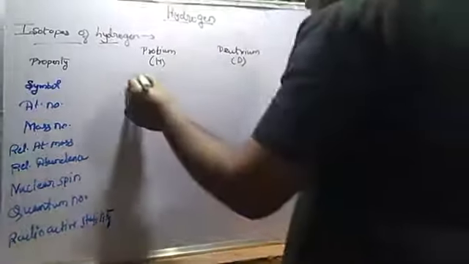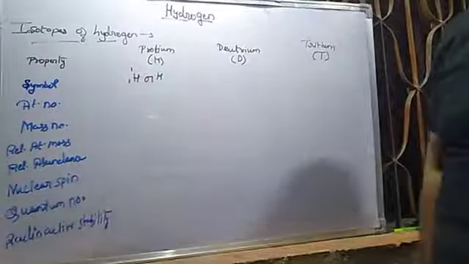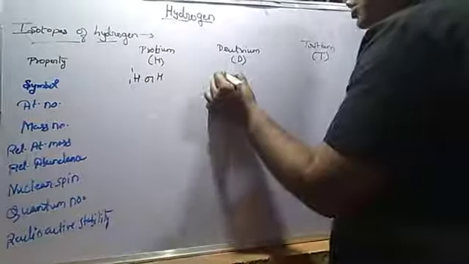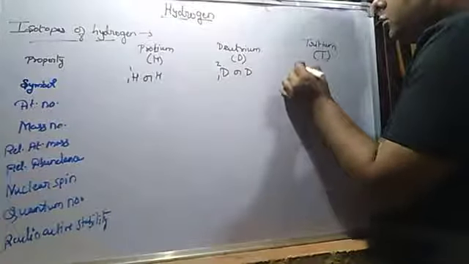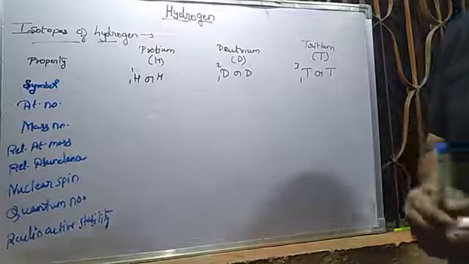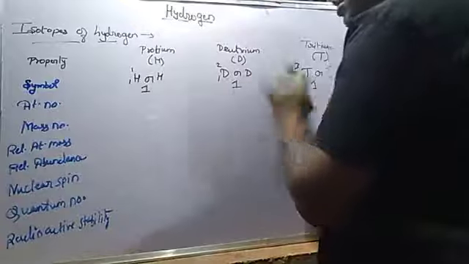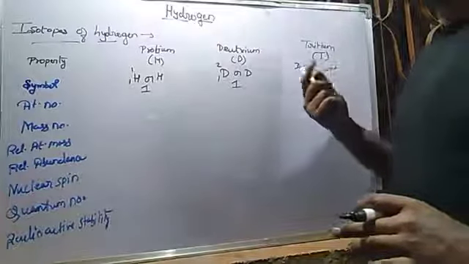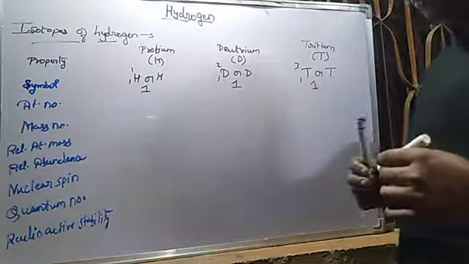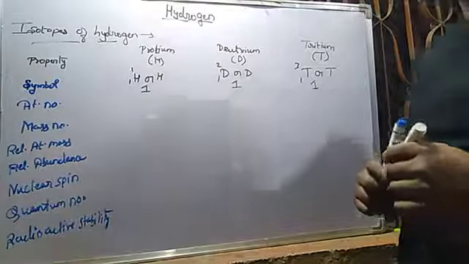The symbol for protium is 1H1, or simply capital H, while deuterium is represented as 1H2 or capital D. Similarly, tritium is 1H3 or capital T. The atomic number for all three is 1, 1 and 1, because they are isotopes of hydrogen. Isotopes are elements whose atomic numbers are the same, but whose atomic masses are different.